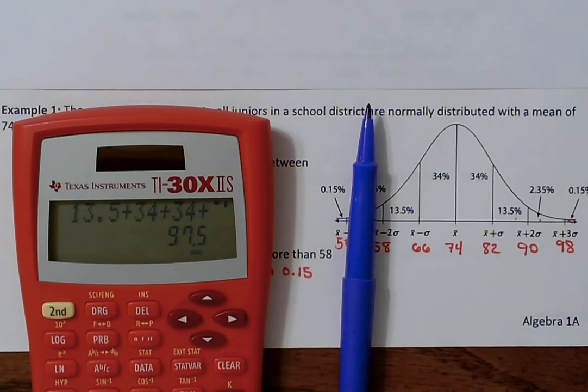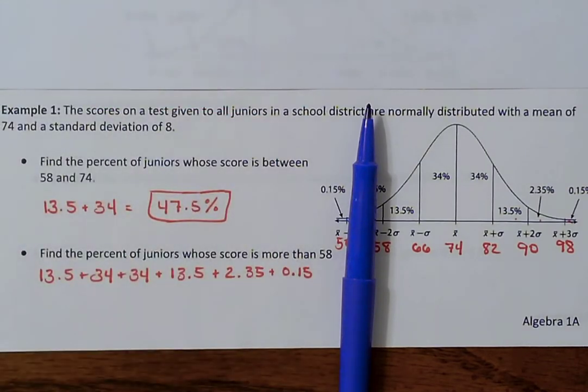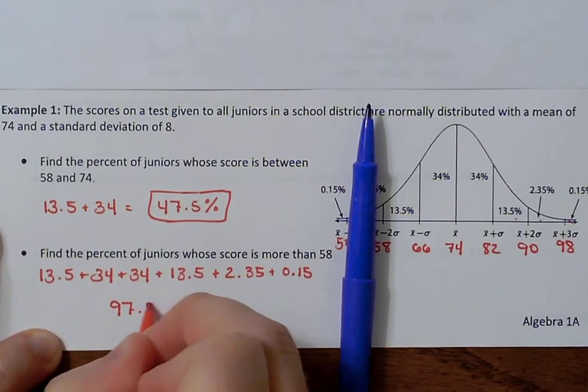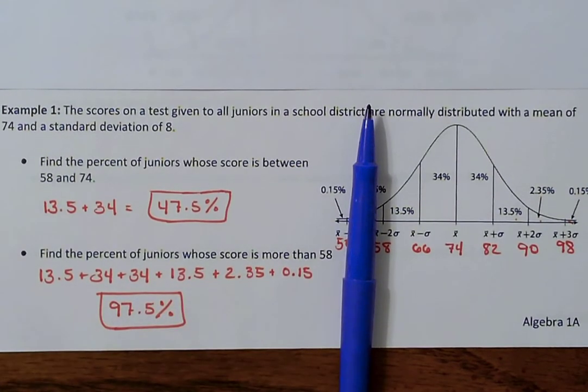And we end up with 97.5% of juniors who scored more than 58. And 97.5 is our answer. And that is how we do section 9.4, dealing with normal distributions.